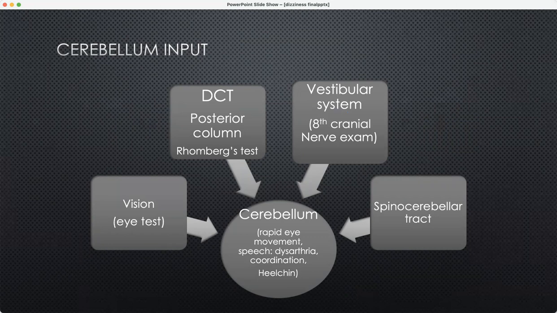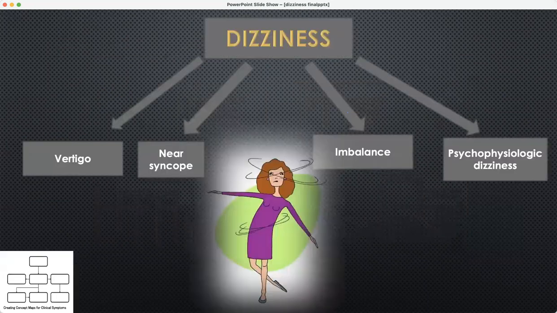Confirm with Romberg test, check B12 level and FTA antibodies for syphilis for tabes dorsalis myelopathy. If the patient describes as ill-defined lightheadedness, general weakness, evaluate medications, systematic review, and psychiatric history.